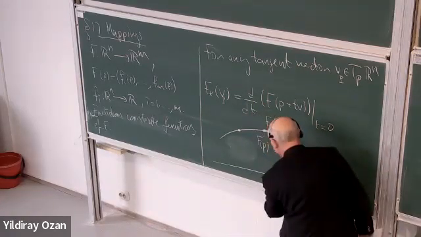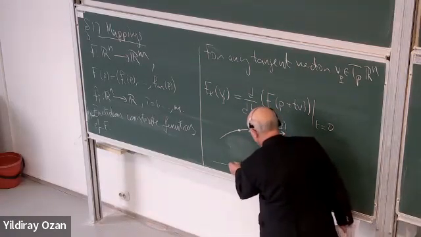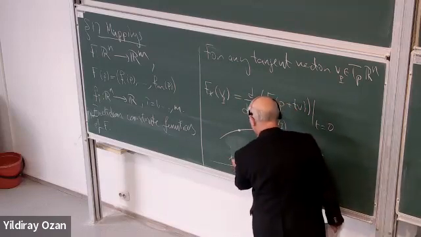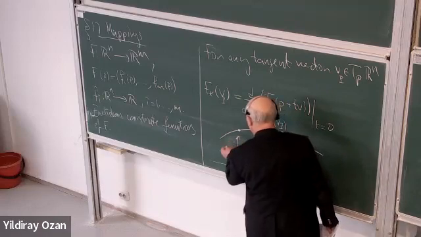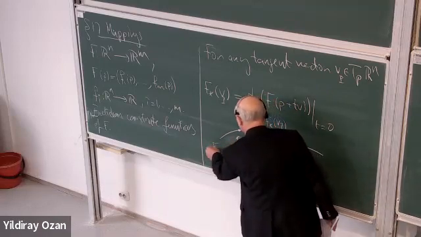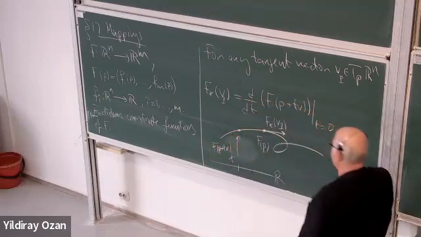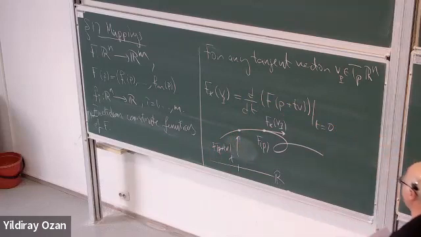So this is the real line here at the point t. This point is mapped via f of p plus tv to this point, and I take the derivative at this point.